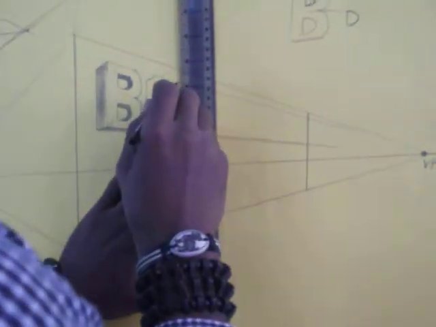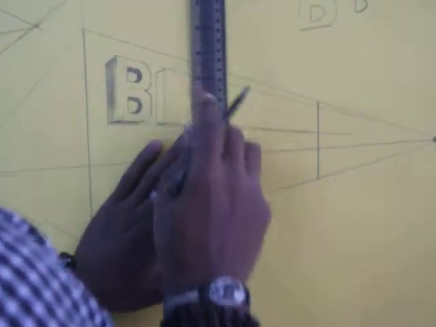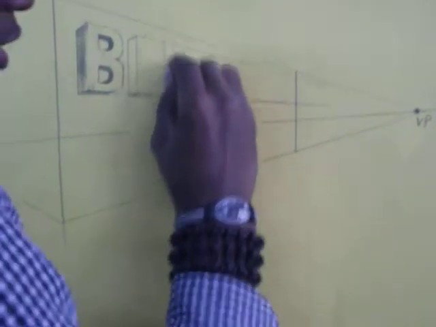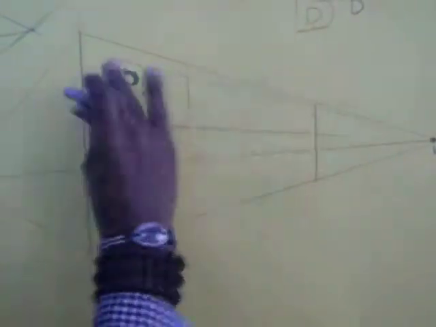So again, I've just created a box, and within that box will be an E. Now I'm no longer concerned with what's happening with that.